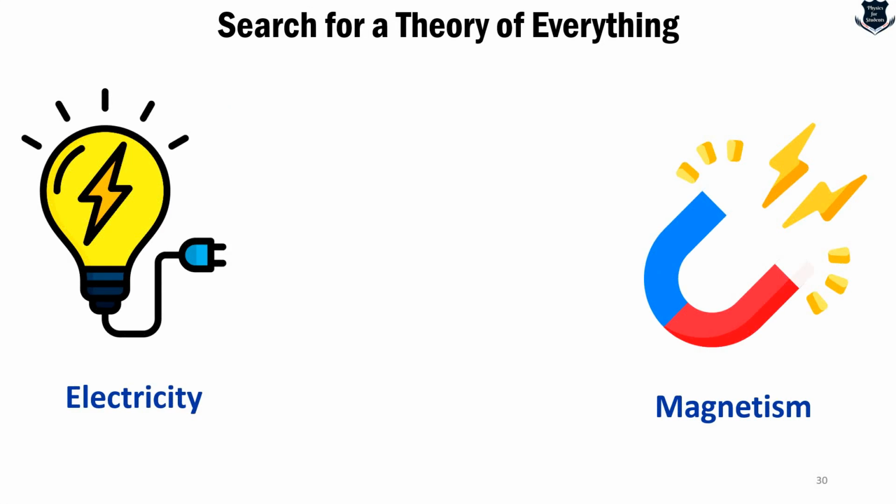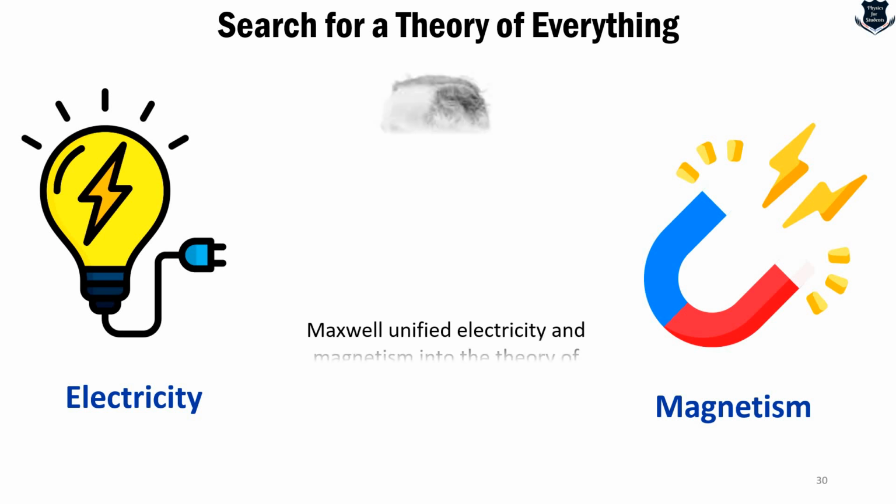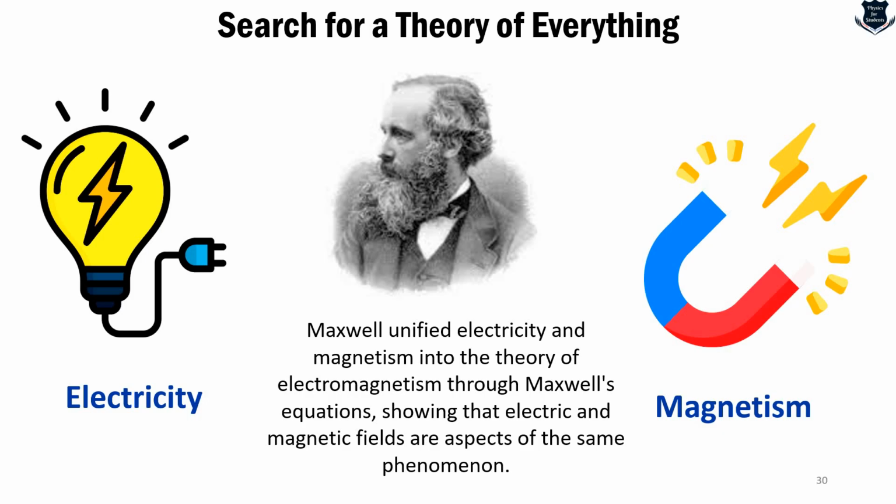The second unification comes with electricity and magnetism. It was James Clerk Maxwell, around the 1860s, who unified electricity and magnetism into the theory of electromagnetism through Maxwell's equations, showing that electric and magnetic fields are aspects of the same phenomenon.